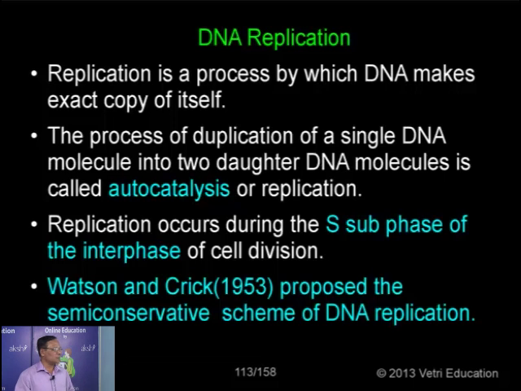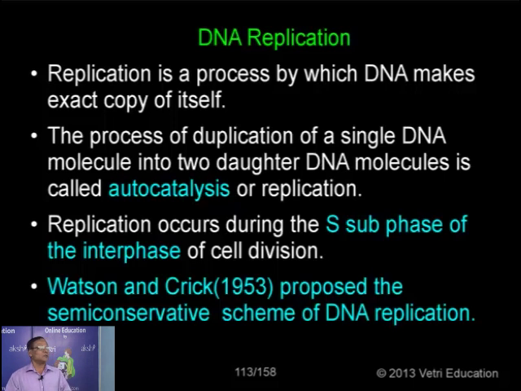So replication is a process by which the DNA makes its own copy. And what is happening during that process, the replication, otherwise what I mentioned as duplication? During that process, a single molecule of DNA gets duplicated into 2 daughter DNA molecules, considered daughter DNA molecules as they have been derived from the parental DNA.